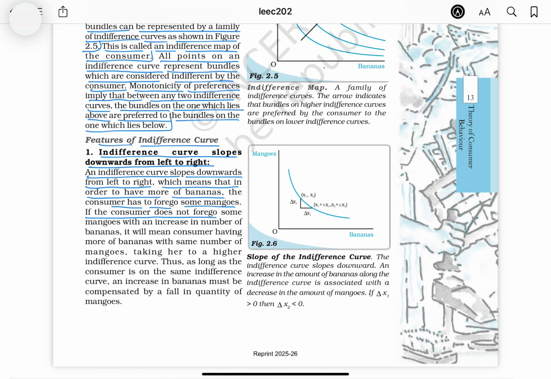If the consumer does not forego some mangoes with an increase in number of bananas, it will mean the consumer having more of bananas with the same number of mangoes, taking her to a higher indifference curve. Thus, as long as the consumer is on the same indifference curve, an increase in bananas must be compensated by a fall in quantity of mangoes.